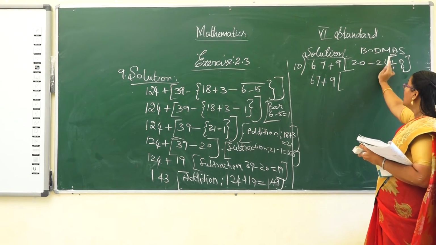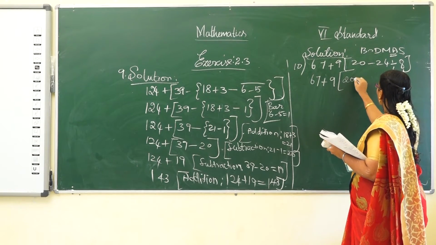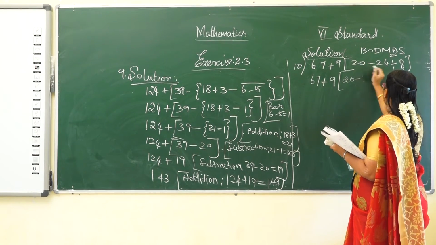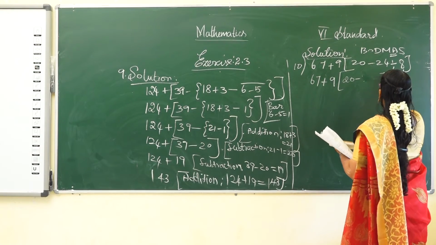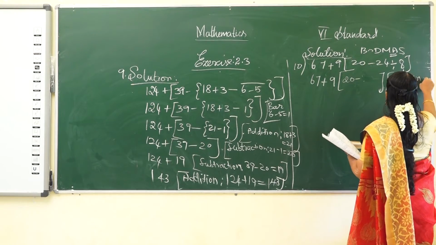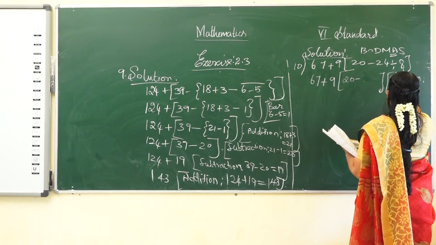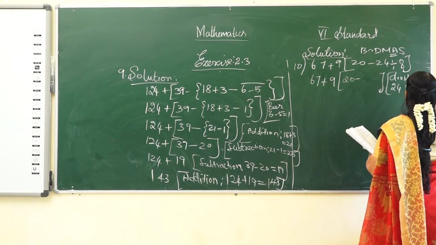So first refer to the division. 24 divided by 8. 20 minus, what is the value of 24 divided by 8? Three times.